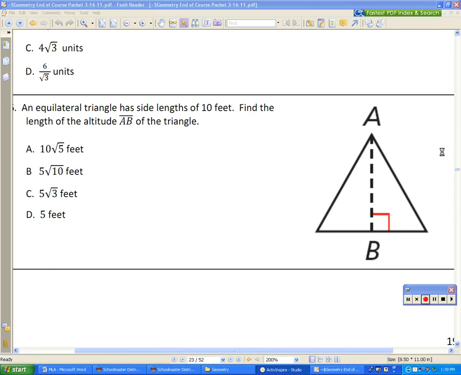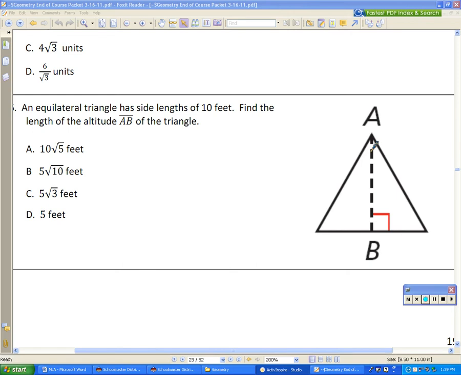And now I need to figure out what the altitude is. What kind of triangle do I have here? How do you know that? Because it was equilateral, so you knew that all of these were 60. So if you cut this in half, you get a 30.